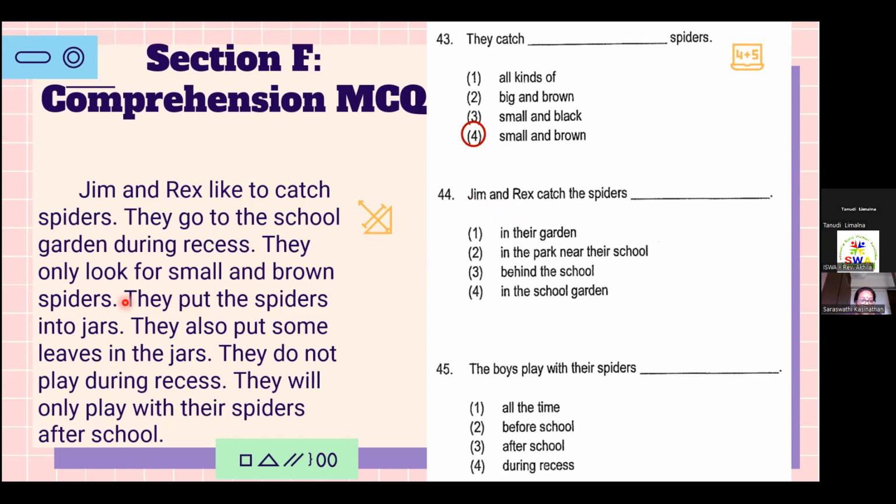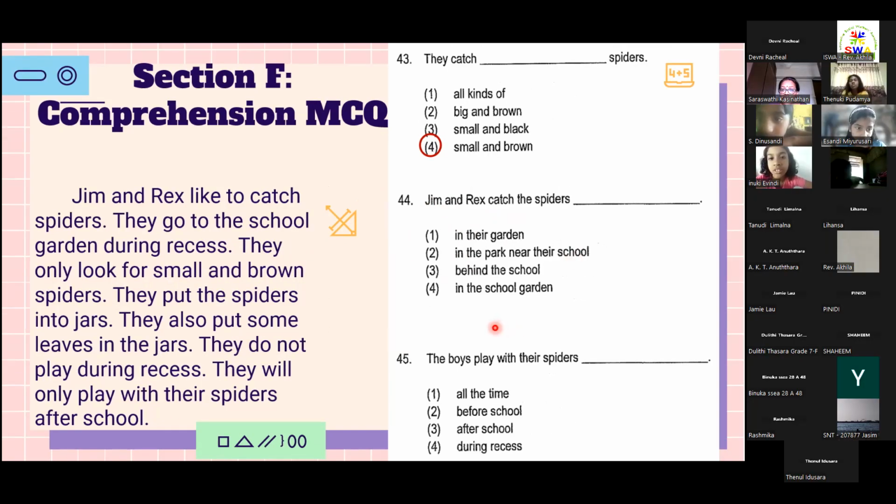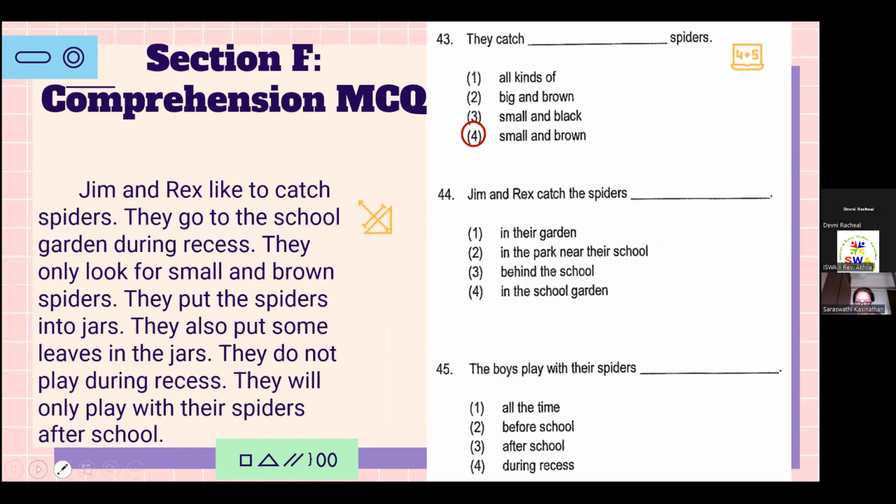Jim and Rex catch the spiders in the school garden. Yes, continue. Jim and Rex catch the spiders in the school garden. Very good. Well done.